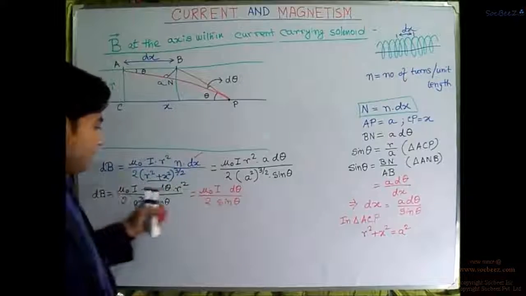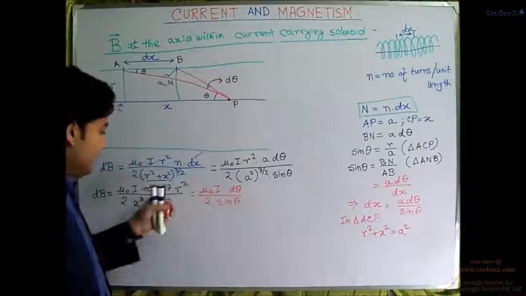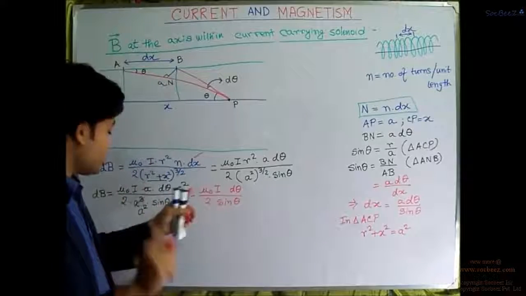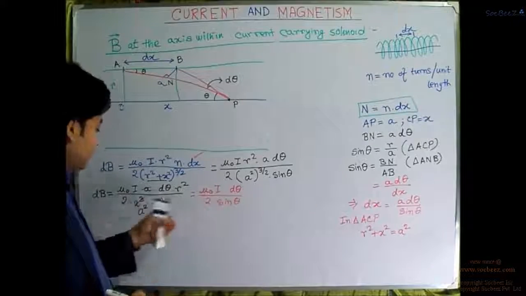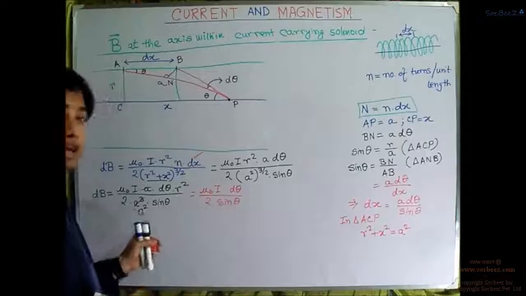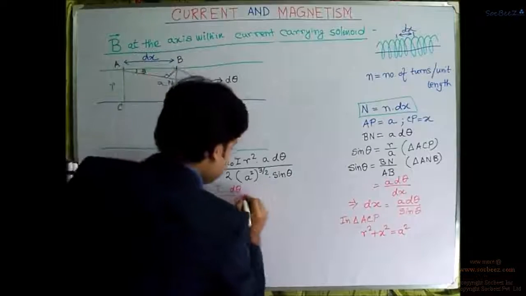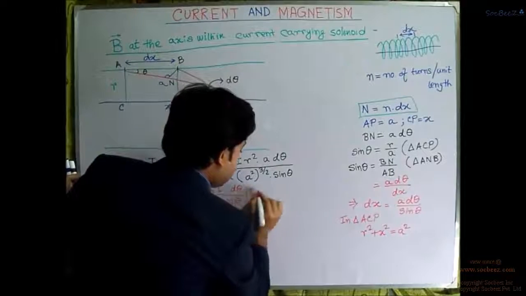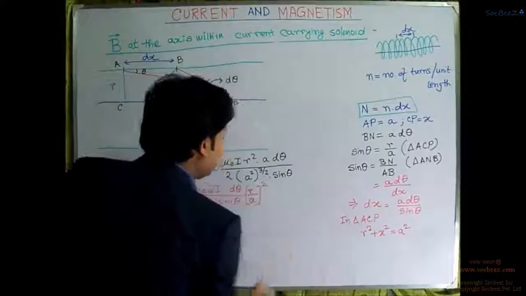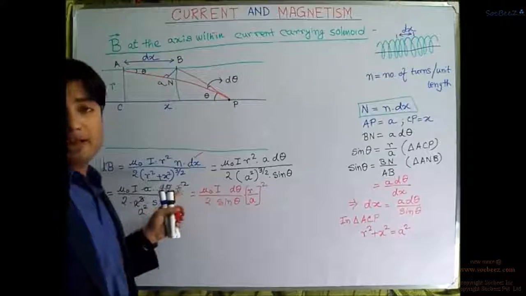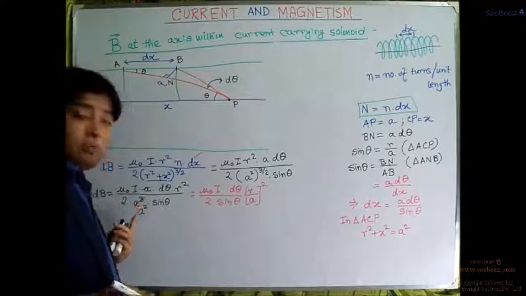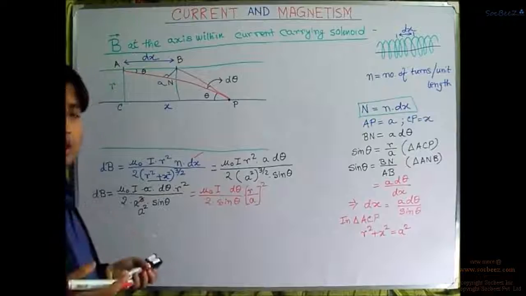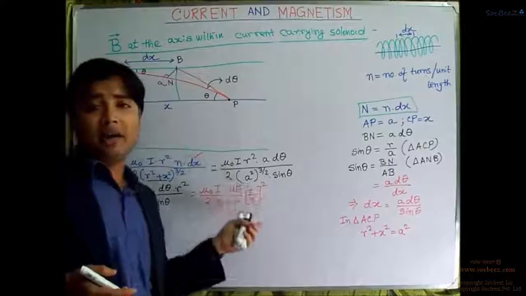This is mu naught we have put I, then d theta, leaving only the r square. Now 2, the sine theta, leaving the a square. Now observe that this is r divided by a square, because in the numerator this is r square and on the denominator this is a square. So obviously we can write it as r divided by a whole square.